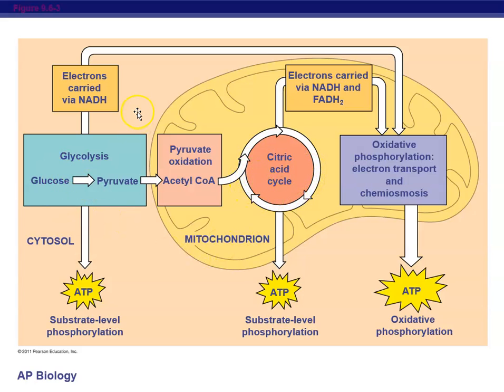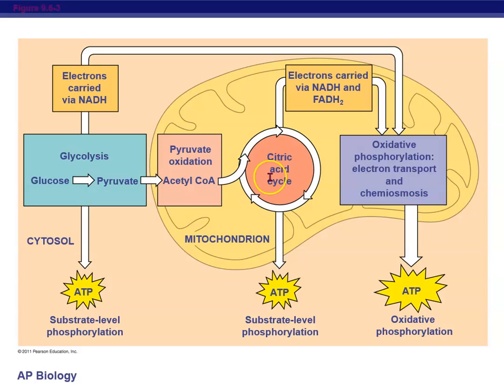All the while, what are you really getting from your food, from the fuel? You're getting electrons, which get carried by the hydrogens. And our electron carriers are NAD, which is in glycolysis, and then in the citric acid cycle, you have NAD and FAD.